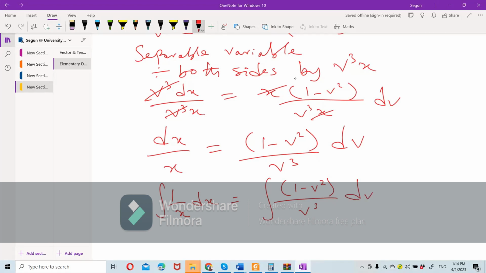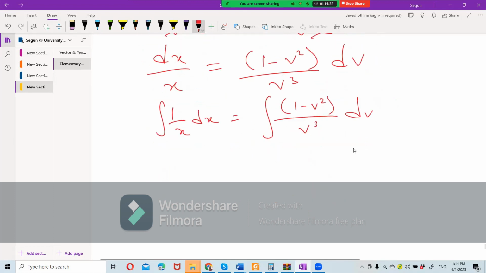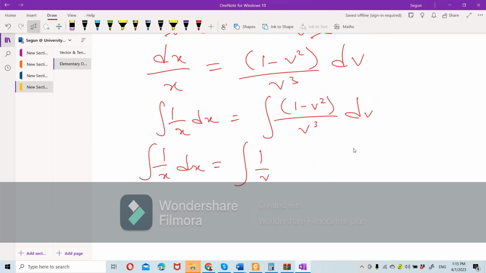So what do we have? We can separate them. It is easier for us to break this one down first by saying integral of 1 over x dx is equal to integral of 1 over v cubed minus 1 over v cubed dv minus integral of 1 all over v.